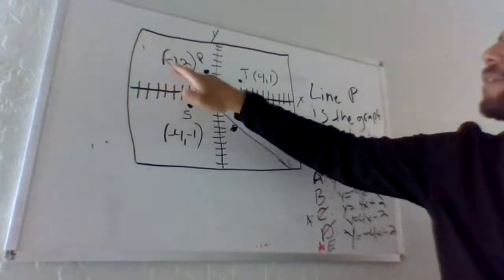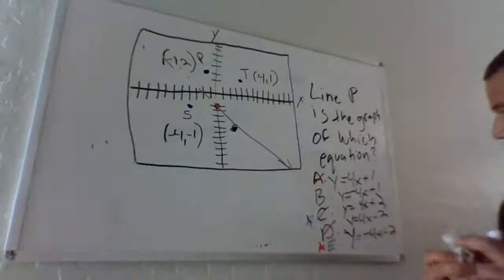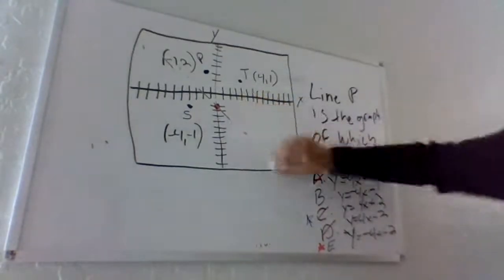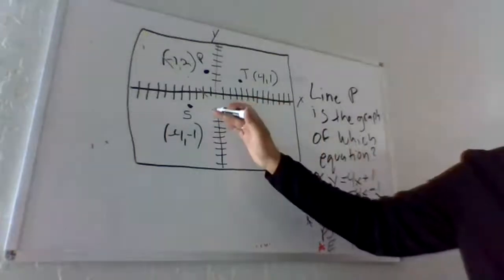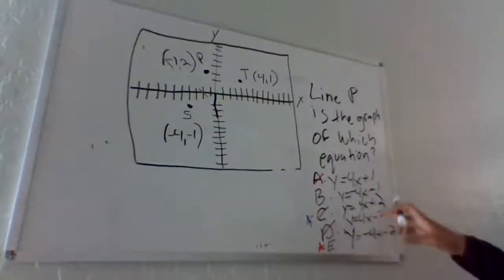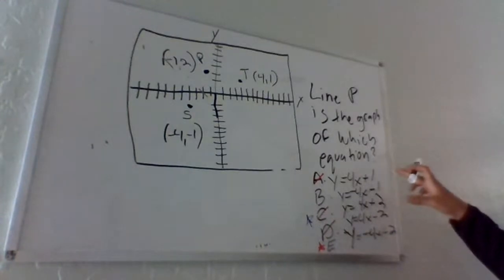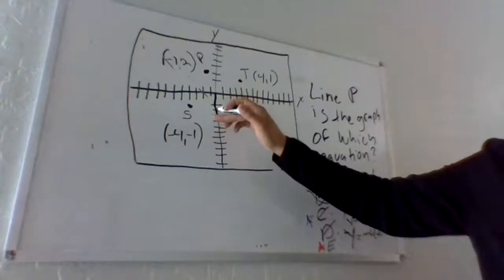But just for the sake of learning, let's use the second example. Okay, so let's look at negative. So we know it's not going to be B. Let's look at E then. -2.